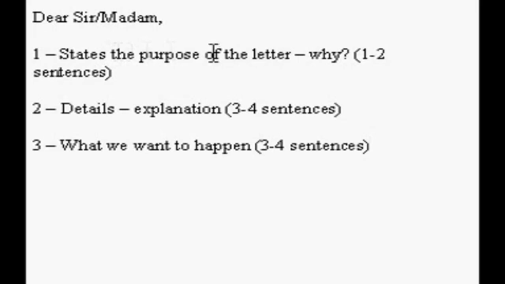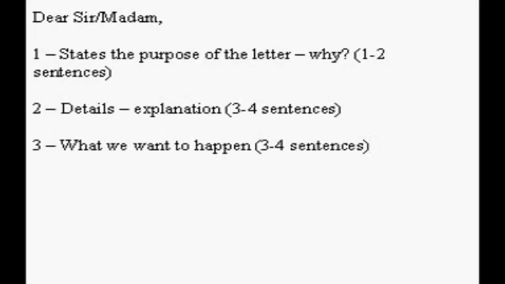So if we go over these sections again together, in this first section we're going to say why we're writing. Basically, I am writing you this letter because this is what's happened. In number 2, we're going to give the details. So perhaps we would say we have 10 library books that are overdue or going to be overdue very soon, and I'm not going to be able to get these books to you on time.